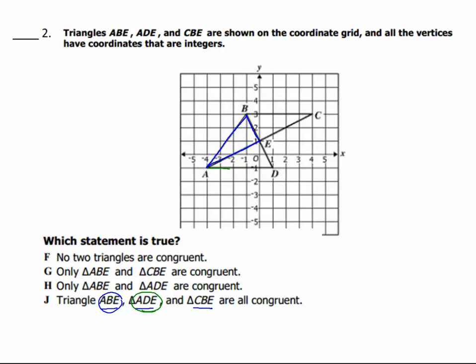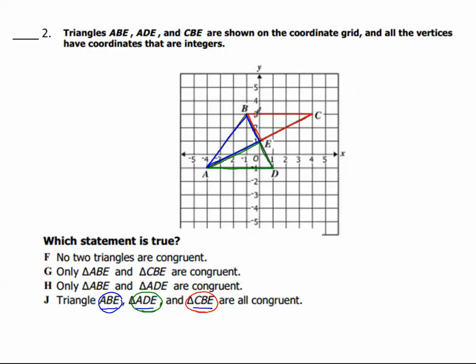A, D, E, and the last one, C, B, E. So tracing them, they're in different locations, they're oriented differently. Maybe some are rotated or flipped, but they kind of all do look like they're the same sizes.